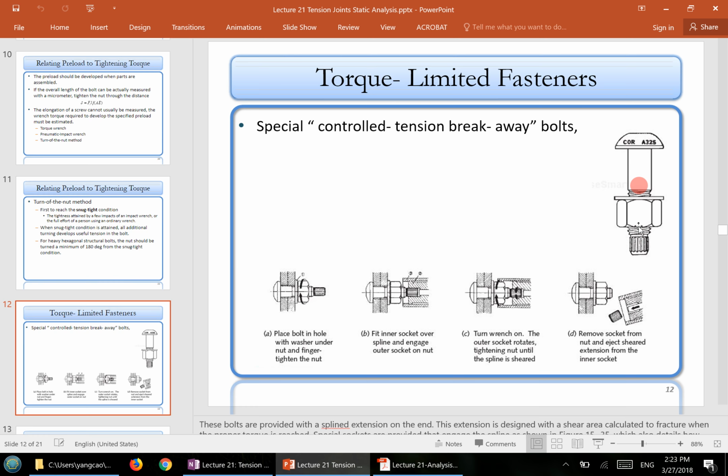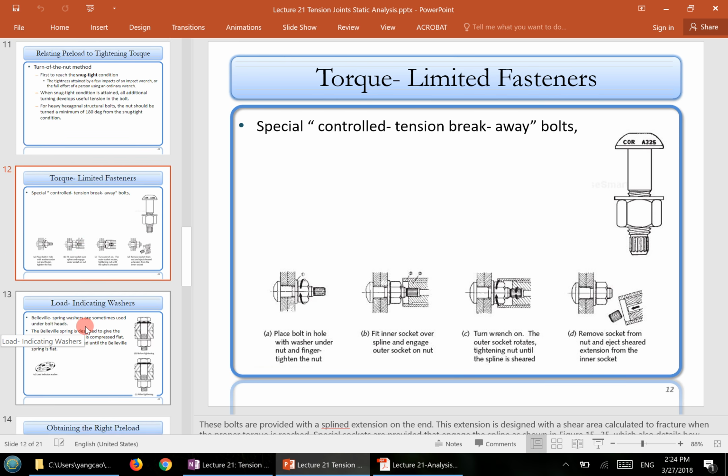If you apply the amount of torque appropriately, the end will be twisted off. If the end is twisted off, that's an indication that you are at the right amount of torque, or the right amount of preload. So that's one unique way of telling people when to stop.